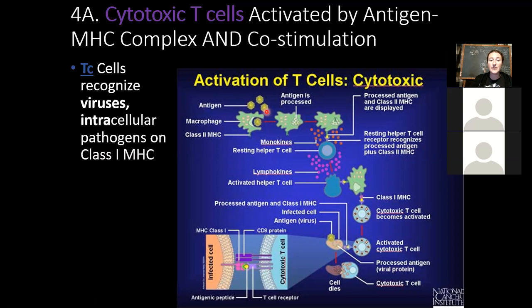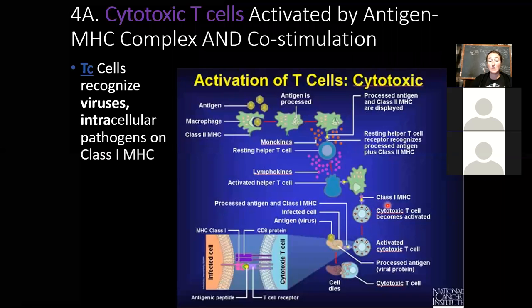So what we are seeing here is a macrophage phagocytosing an antigen, chopping that antigen up, and presenting it on the surface of its cell in an MHC class 1. Okay. So the cytotoxic T cells, the CD8 co-receptor, is going to recognize specifically MHC class 1.